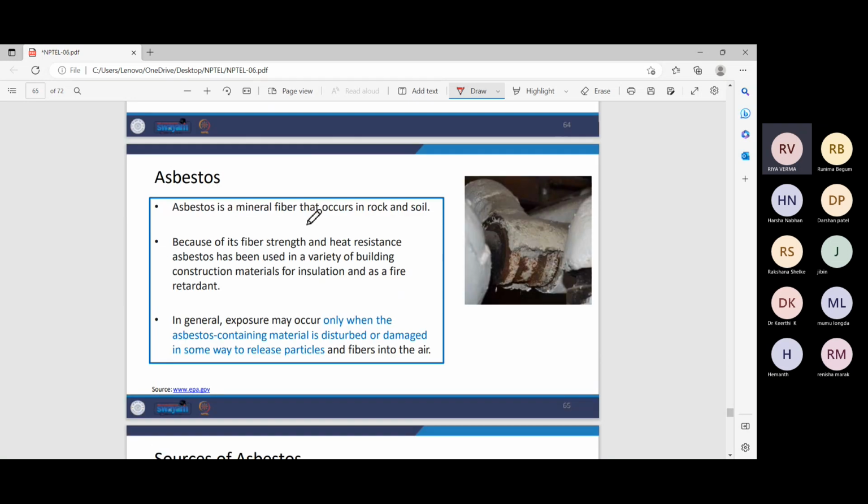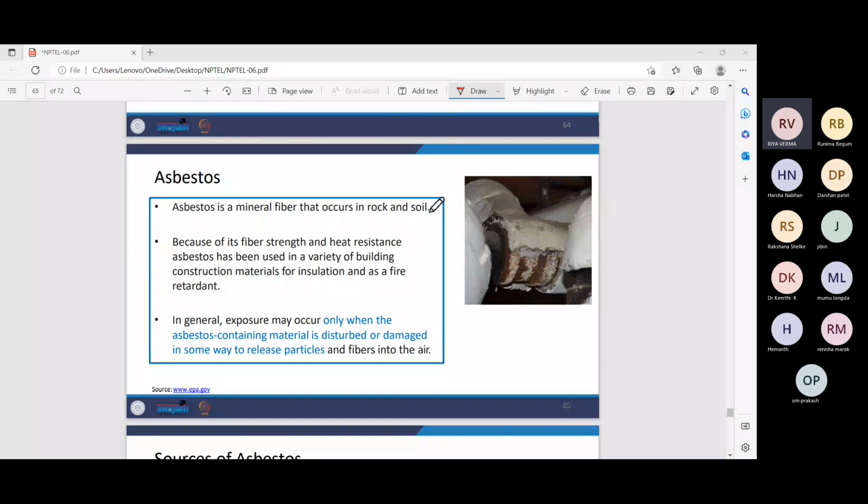But after some time, it was observed that these fibers tend to get separated from this material, and if we breathe, they tend to get accumulated in the air, and then during the breathing process, when we inhale the air, these fibers get inside our lungs, and these are very harmful for the lungs.